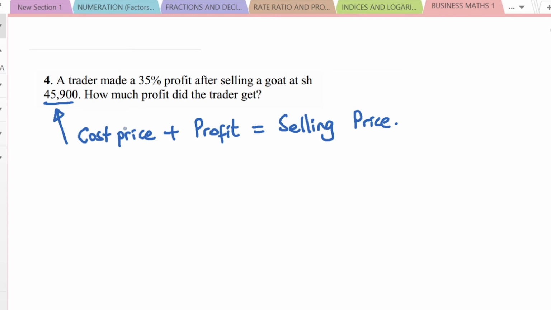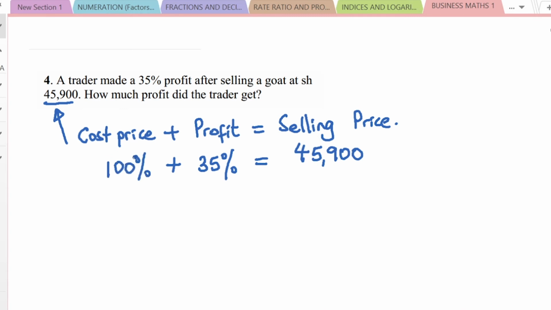The cost price you could also call the purchasing price, because the person purchased something, then you add a profit, and then you get your selling price. Now, in this case, the selling price is 45,900. And we are saying that when he sold it at that price, the profit this person got was 35%. So it's going to be 35% plus the cost price. The cost price is always at 100%.